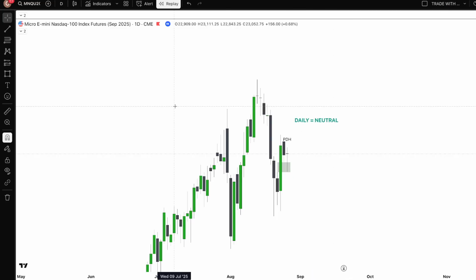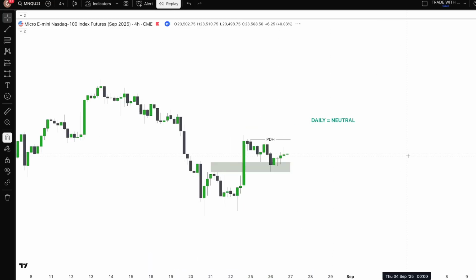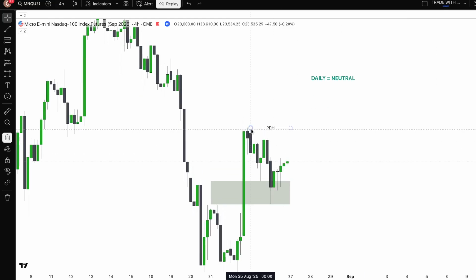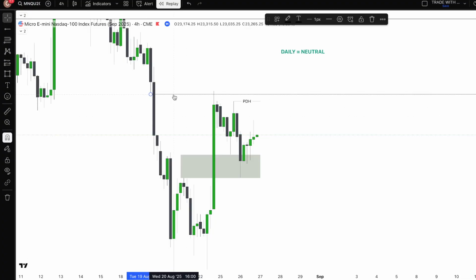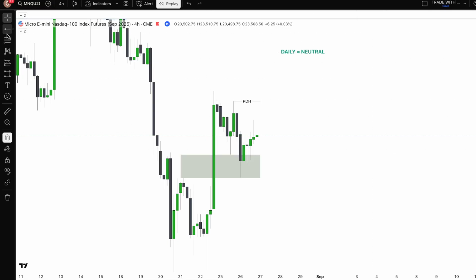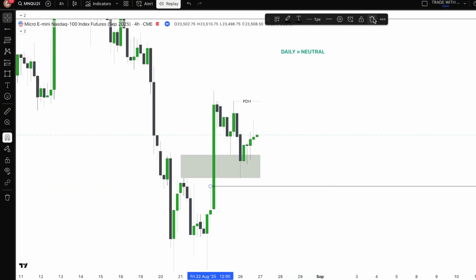So now I go on the 4-hour time frame, and as you can see we are trading out of a 4-hour bearish gap. We did not yet inverse it, and we are also trading out of a 4-hour bullish gap.